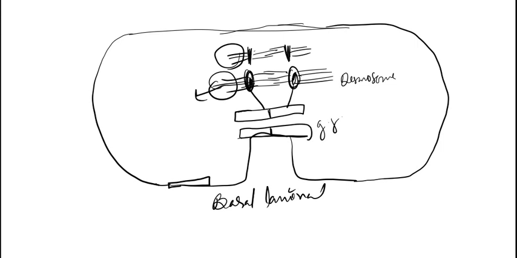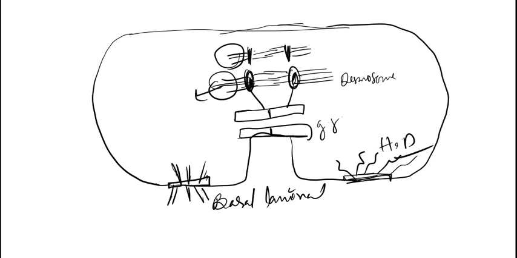So here you will have focal adhesions. And you will also see another type of cell junction called hemidesmosomes.